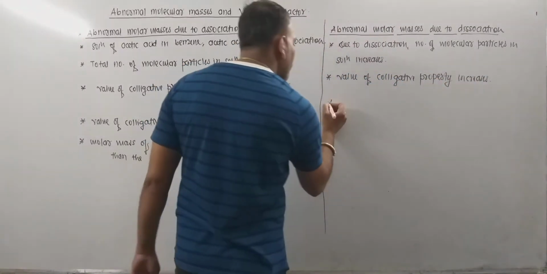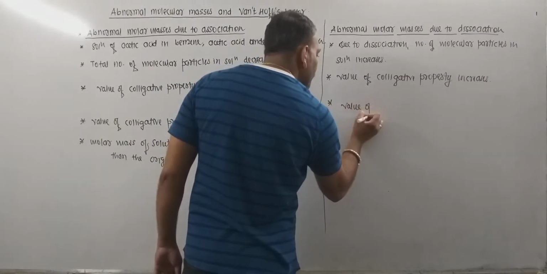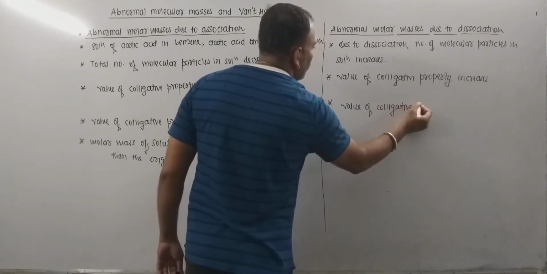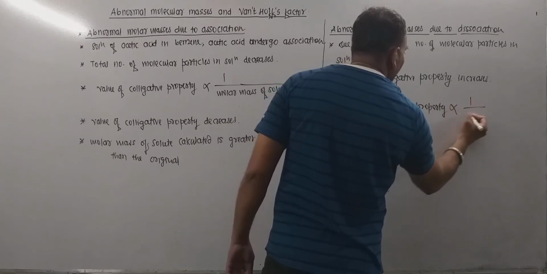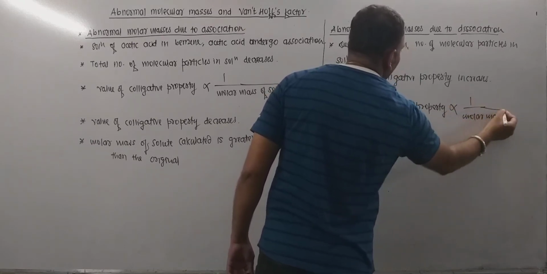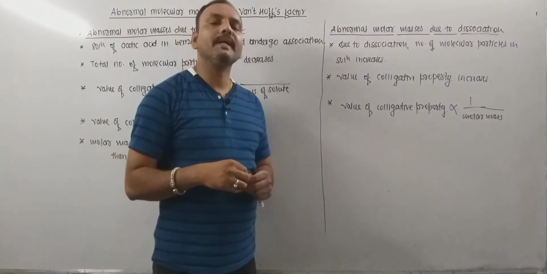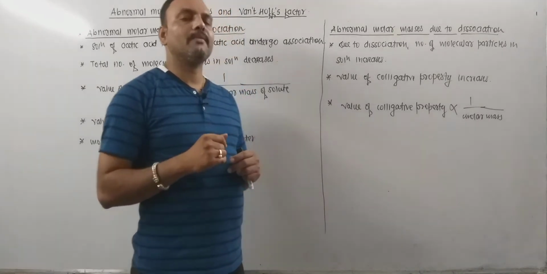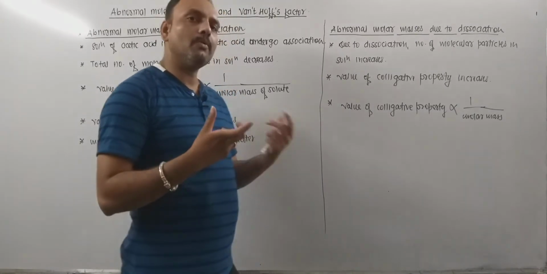And we know very well that the value of colligative property is inversely proportional to the molar mass of solute. So due to increase in value of colligative property, the molecular mass calculated for solute is lesser than the original.